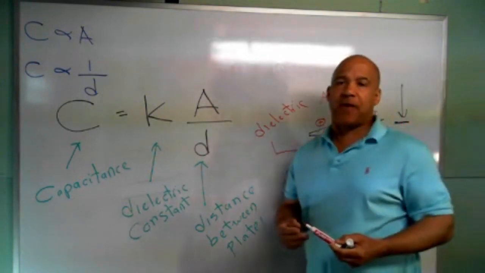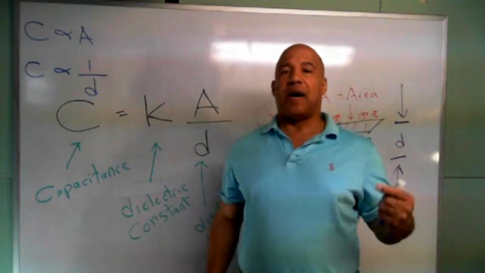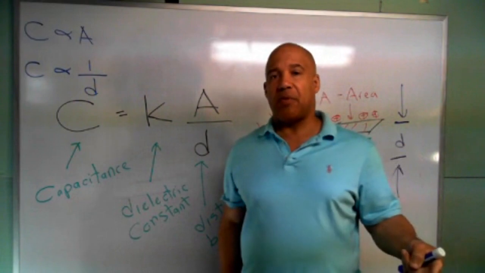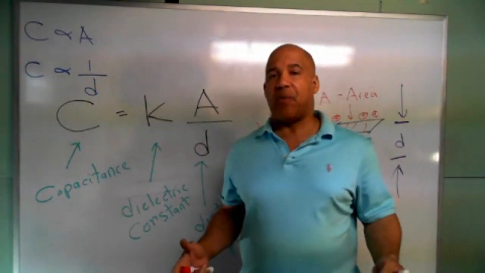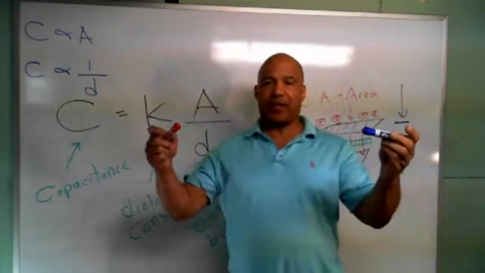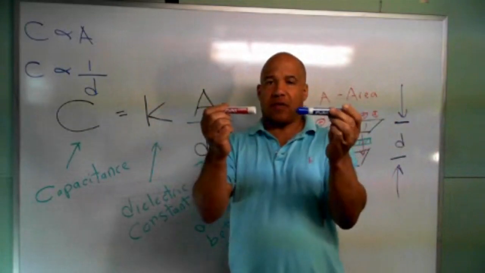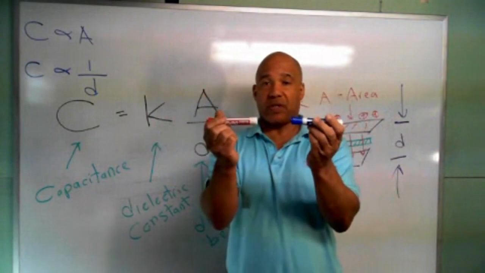Now, what do you know about fields? We've talked about basically three types of fields: gravitational fields, magnetic fields, and electric fields. And all fields behave the same way. If I have two magnets, a north pole and a south pole, the closer they are together, the more you can feel the force of attraction or repulsion, depending on which way you have it turned.